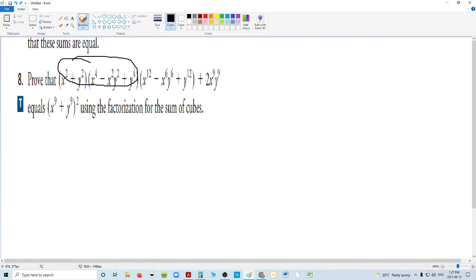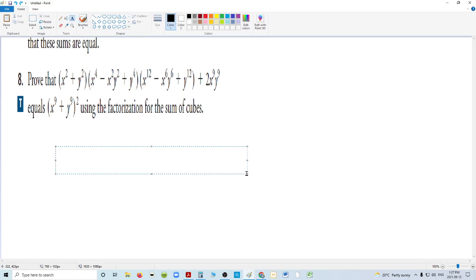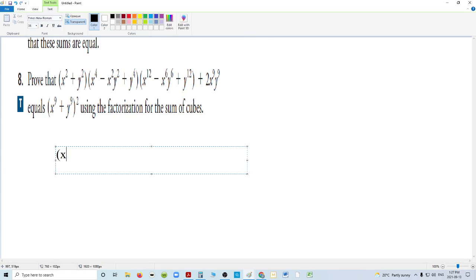Well, instead of doing it, let's try to find what sum of cubes this represents, and what half of a sum of cubes that represents, right? And I'll show you how to do the second part. It's clear to me that the sum of cubes in the first one is x to the 6 plus y to the 6.